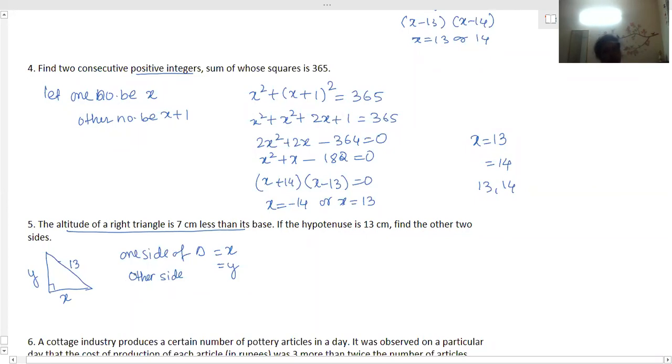This means, what happened? This was a simple question. You are facing problem. The value of altitude is 7 less than its base. Trishit, how to write this?